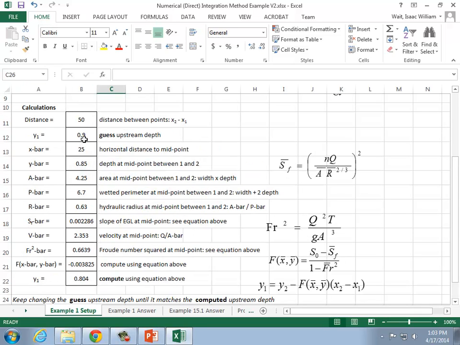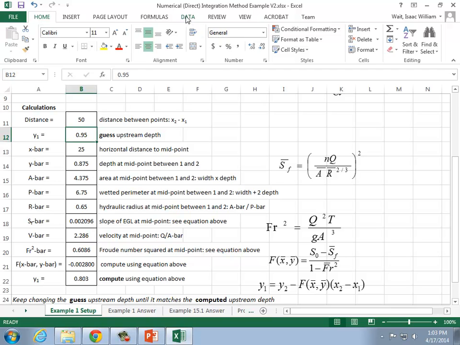So I could either manually play around with this until it's equal to 0, you know, 0.91, 0.95, or I can use the goal-seek to calculate the value very easily. And so let's try that.